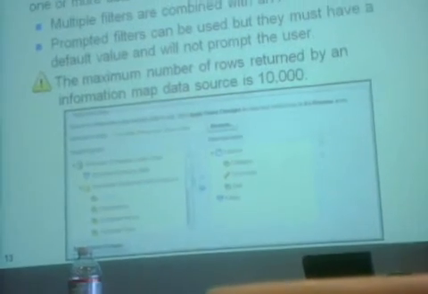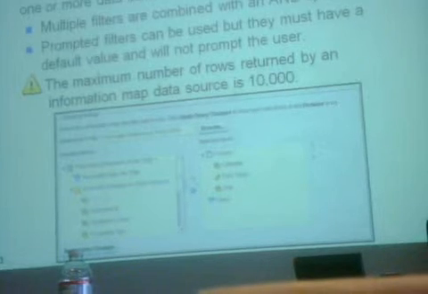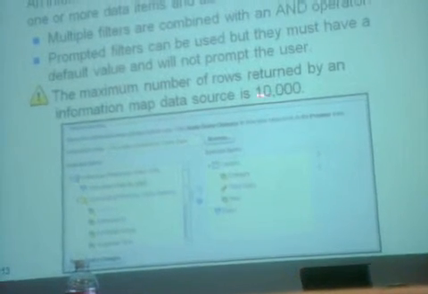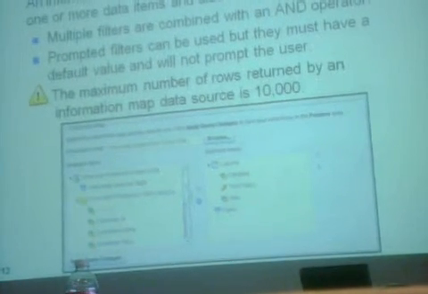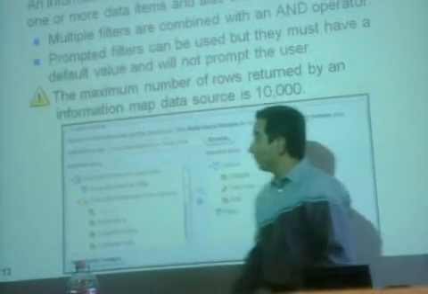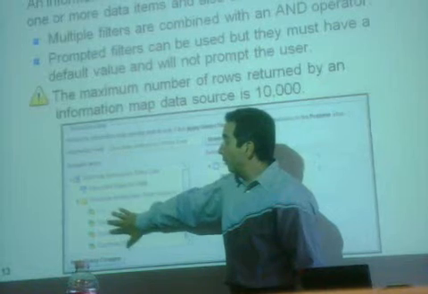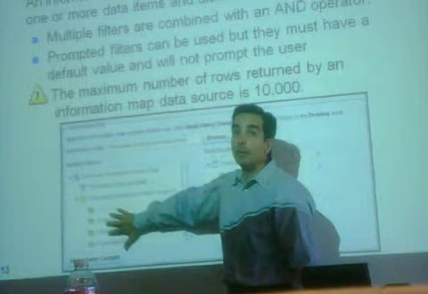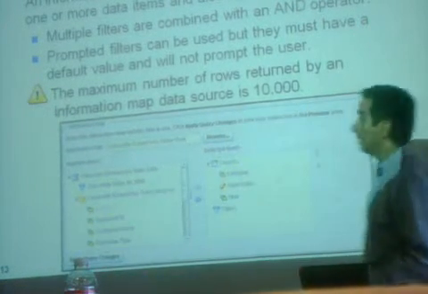So the maximum number of rows that is going to be returned by an information map is 10,000 rows. By default, information maps will always summarize within the categories that you establish.